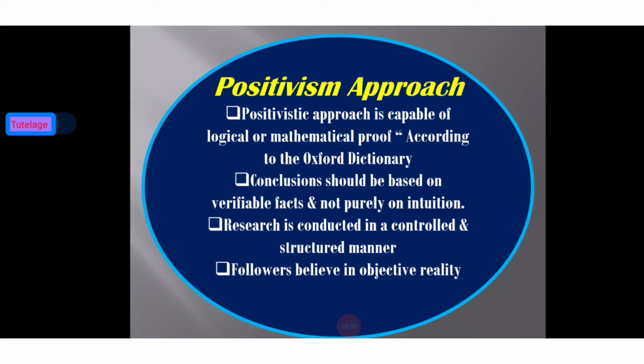According to the Oxford Dictionary, positivism implies a philosophical system recognizing only that which can be scientifically verified or which is capable of logical or mathematical proof. Therefore, it rejects metaphysics and theism.